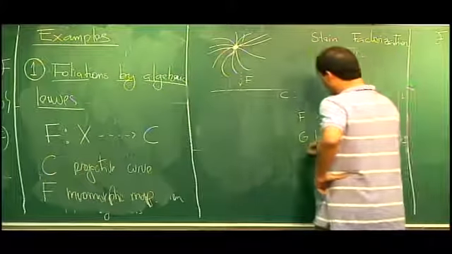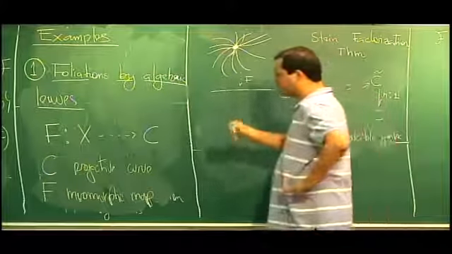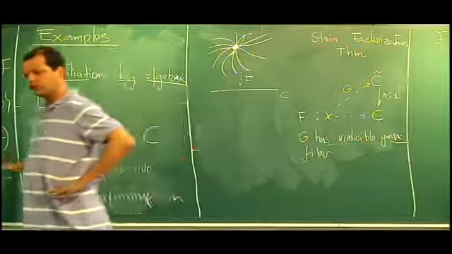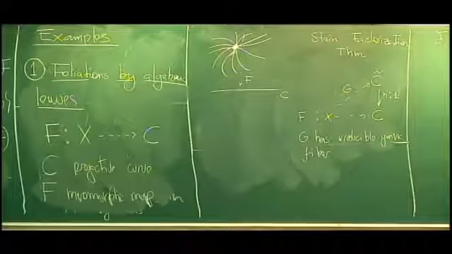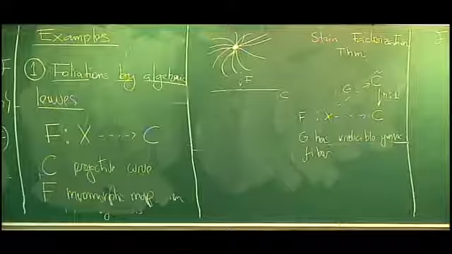So not only do rational maps define foliations, but we can always find a rational map which gives a pretty good description, whose level sets correspond to leaves.